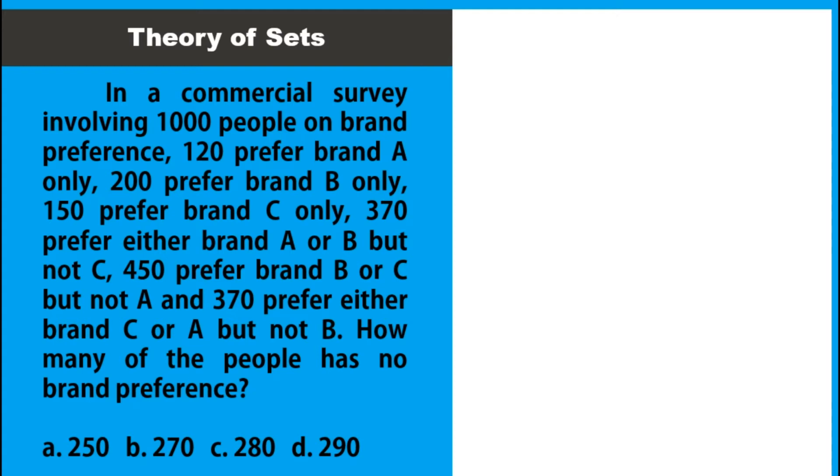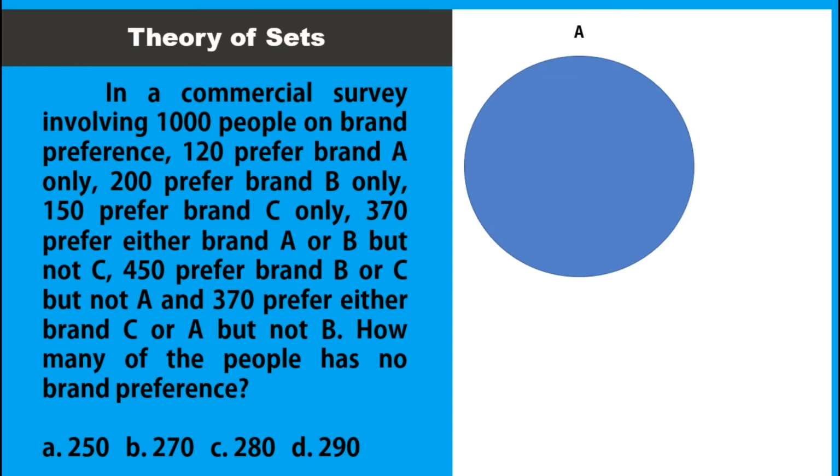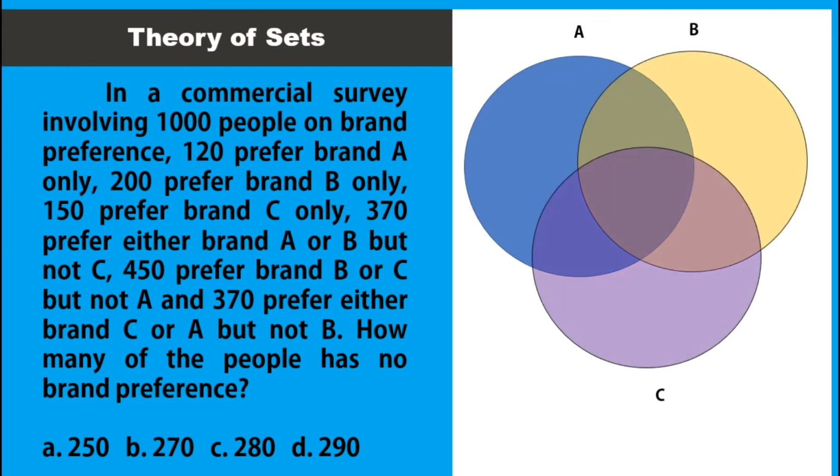Let's say this is set A, we have set B, and set C. Let x be its intersection. For the first condition, 120 prefer brand A only.